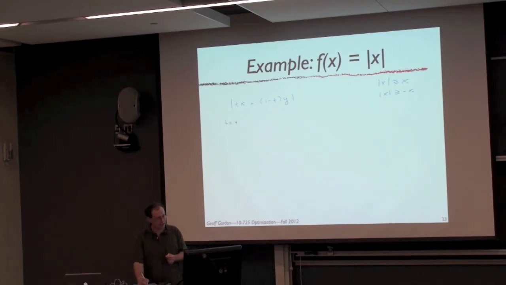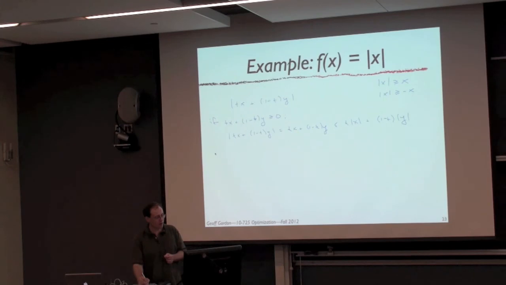Suppose that tx plus (1 minus t)y is bigger than or equal to 0. Then the absolute value of tx plus (1 minus t)y is equal to tx plus (1 minus t)y, and that is less than or equal to t times the absolute value of x plus (1 minus t) times the absolute value of y, using these inequalities here.